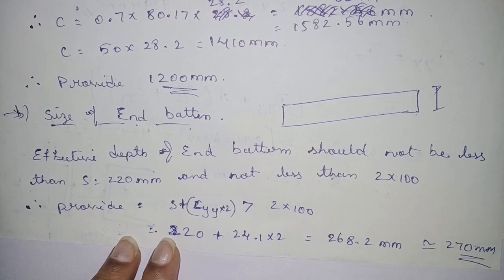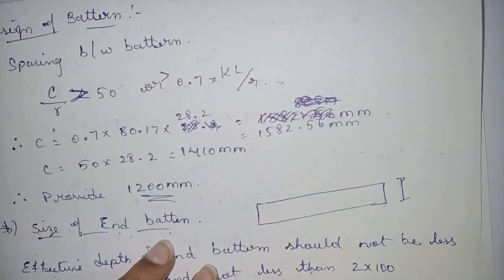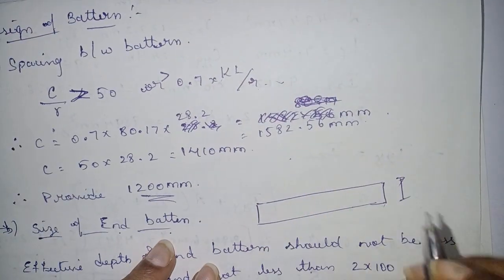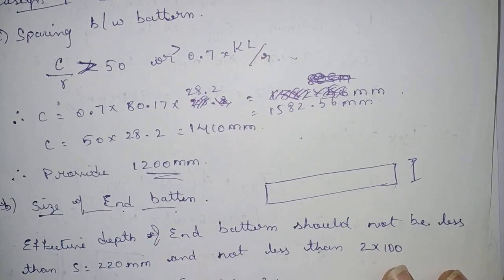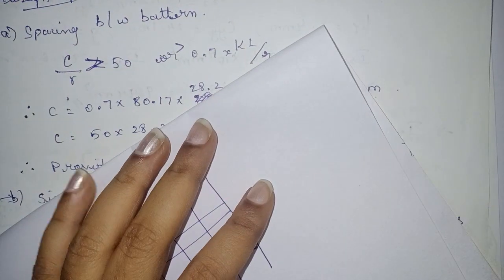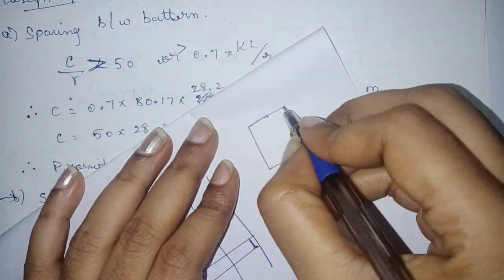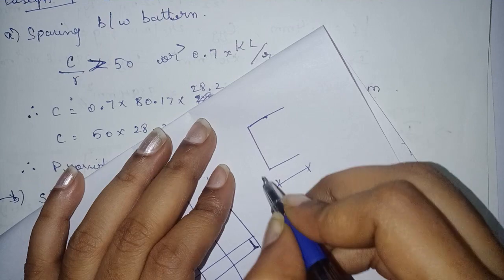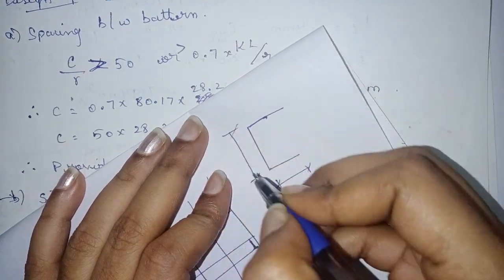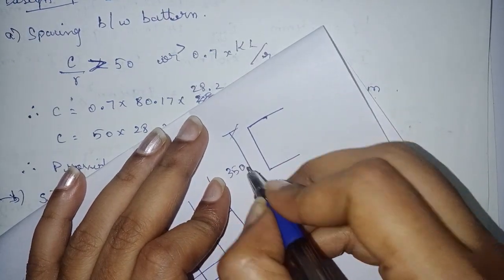It should be higher than whatever the S we have taken, and not less than 2 times the width of the channel. Here you have the channel section, right? In this channel section you have two things. This is width, this is height, this is 350.